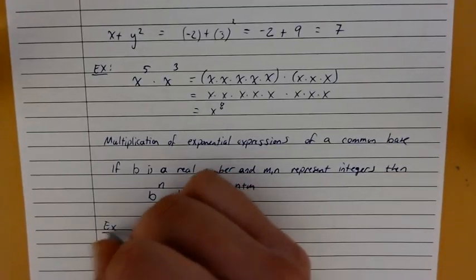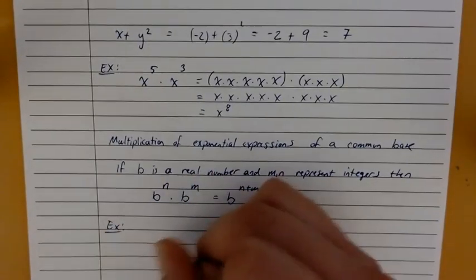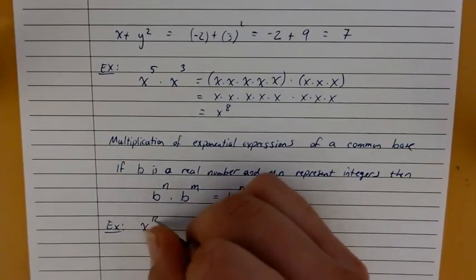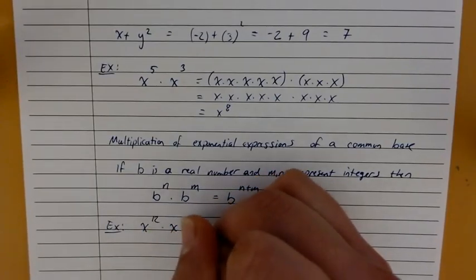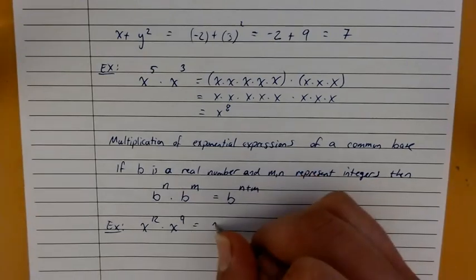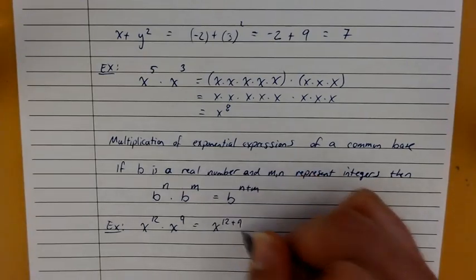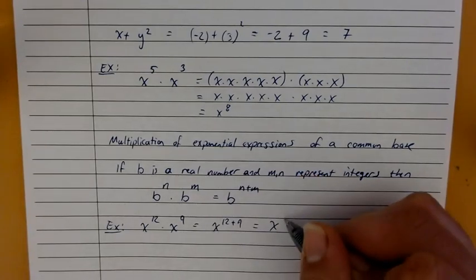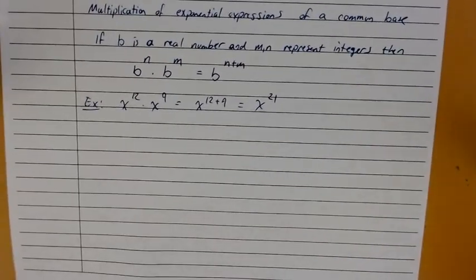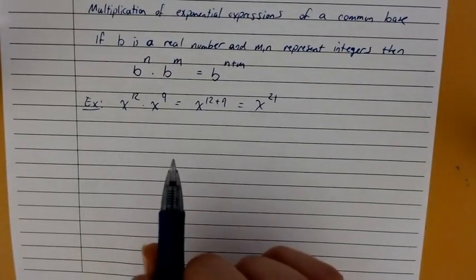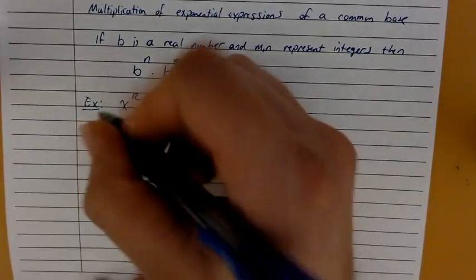So, as further example of that, if we have x to the power of 12 times x to the power of 9, this would be x to the power of 12 plus 9. Or in other words, x to the power 21. Okay? This works for more than one base at a time.